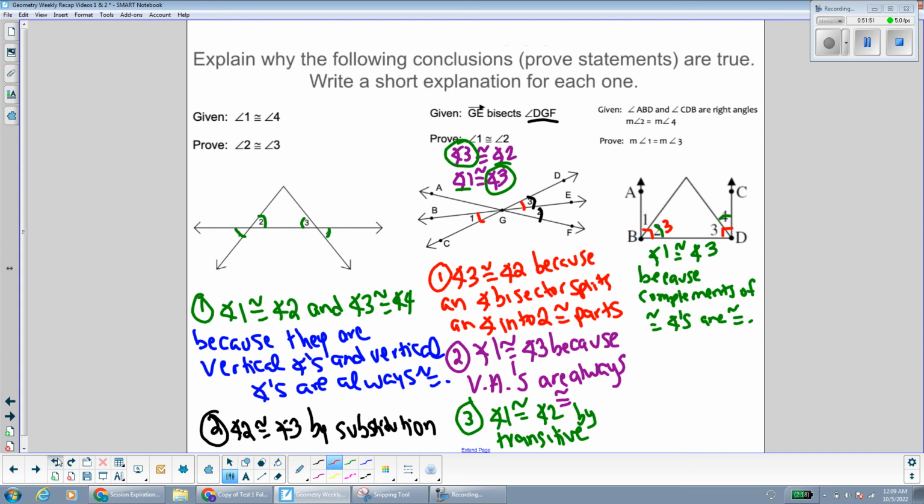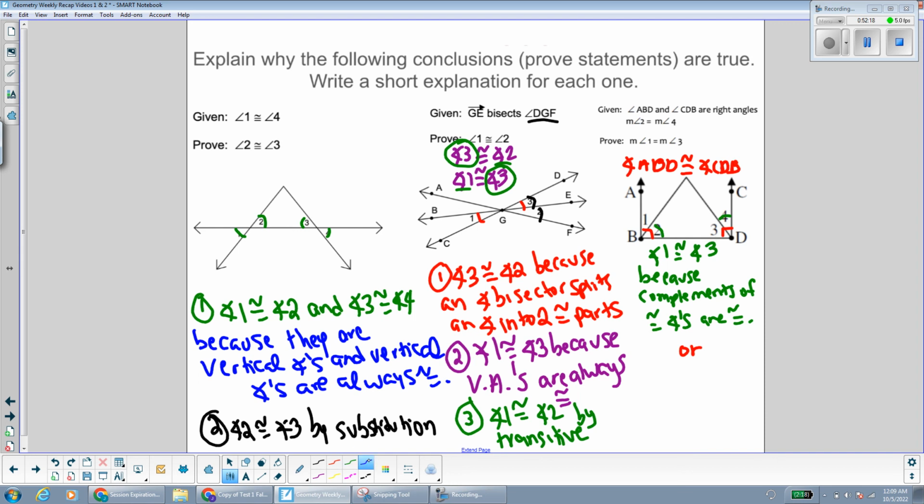For those of you interested in what the subtraction would look like, for the subtraction, I'm going to write or, because there's two different ways to justify this. We know that angle ABD is congruent to angle CDB because they're both right angles and all right angles are congruent.